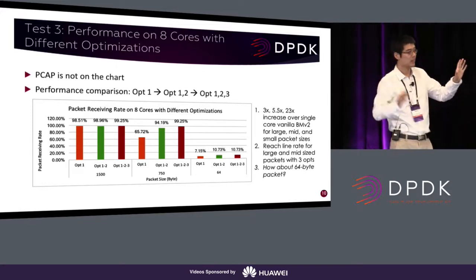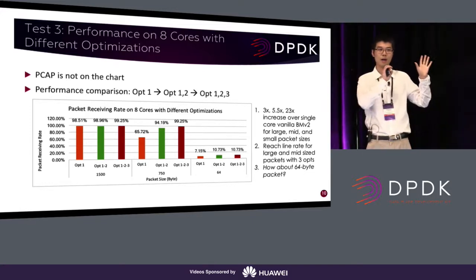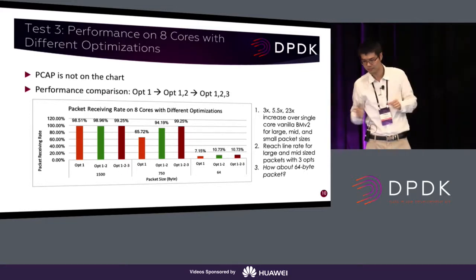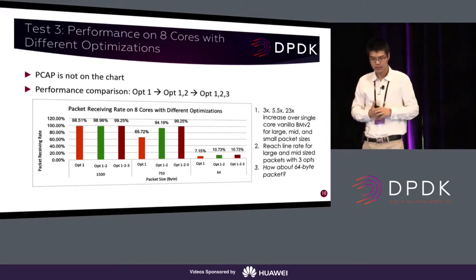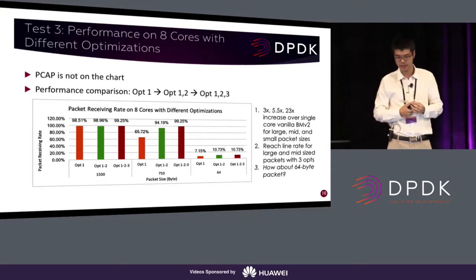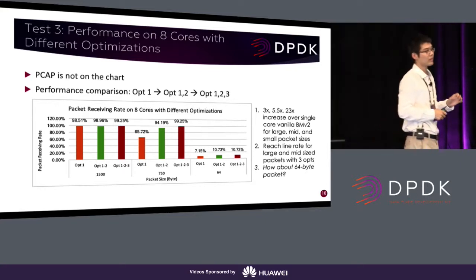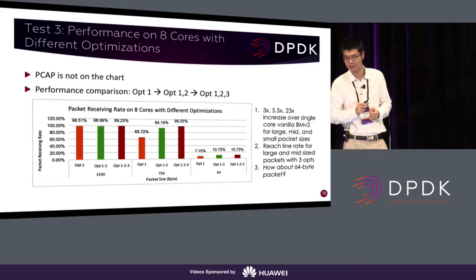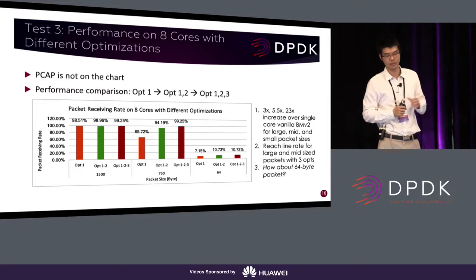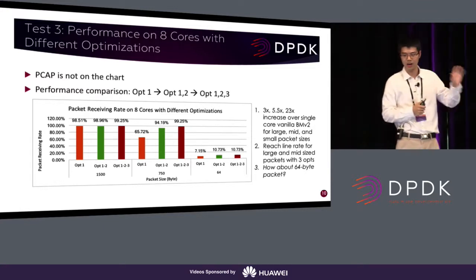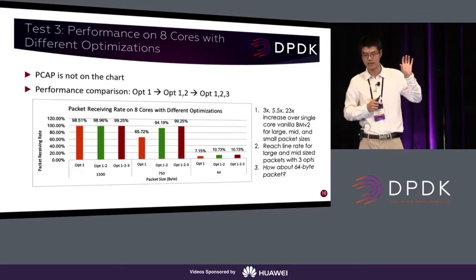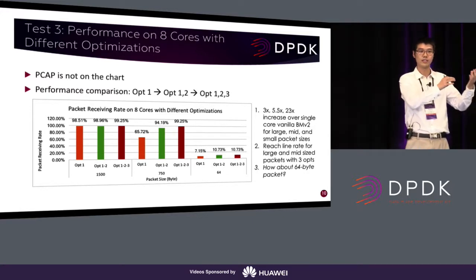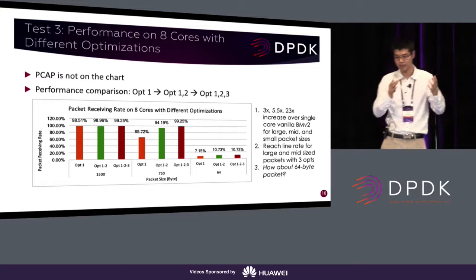So the performance is compared between optimization 1, optimization 1 and 2, and optimization 1, 2, 3. Three key observations here: there are 3 times, 5.5 times, and 23 times increase of performance on the large, mid-size, and small-size packets, compared to the original single-core version of BMV2.